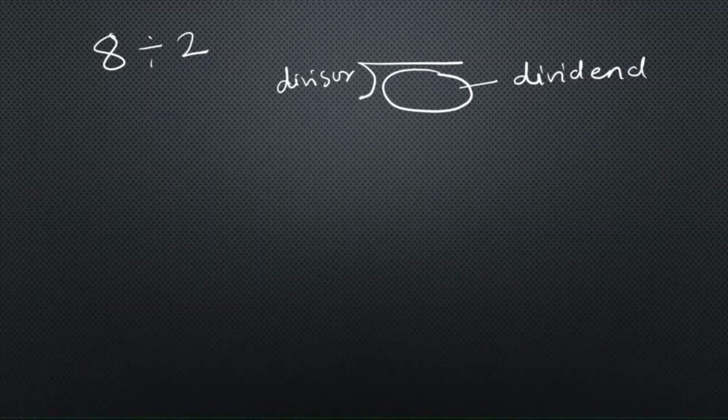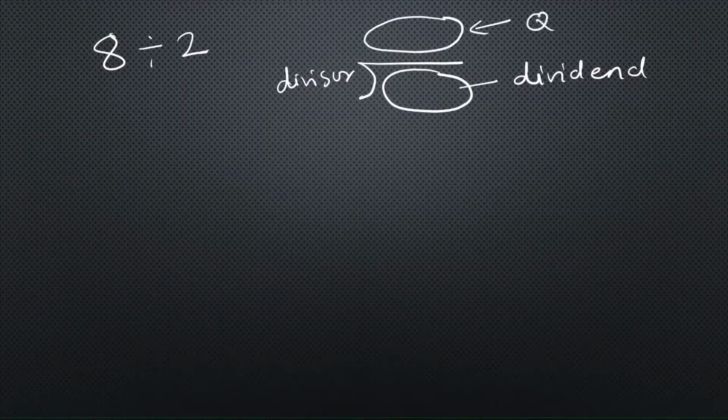When we divide this dividend by divisor, then we write our answer here, and that is called quotient. This quotient means the answer tells us how many we will end up with in each group.